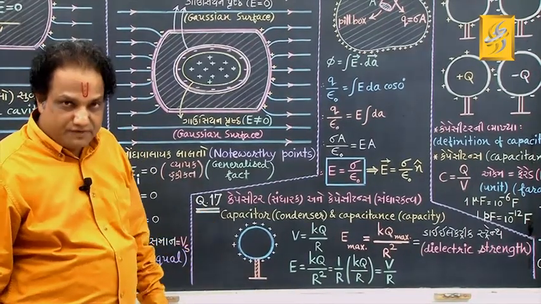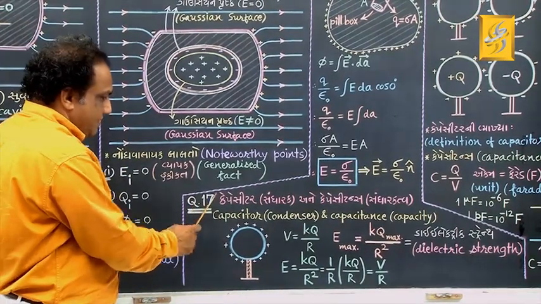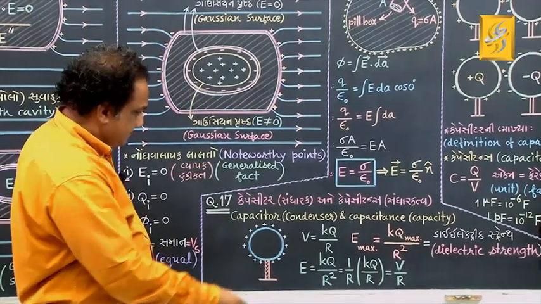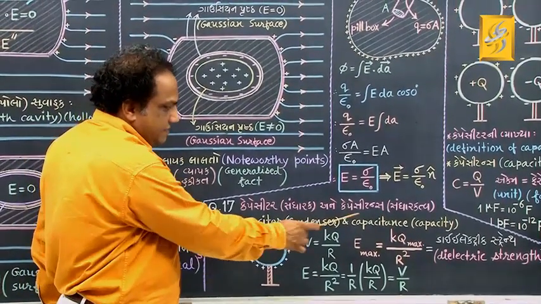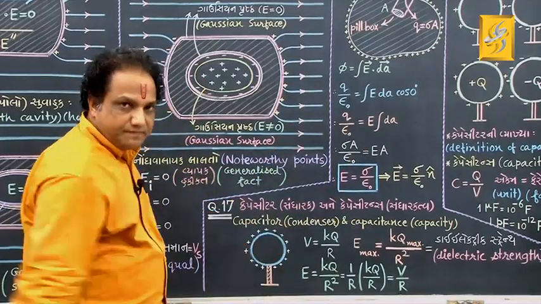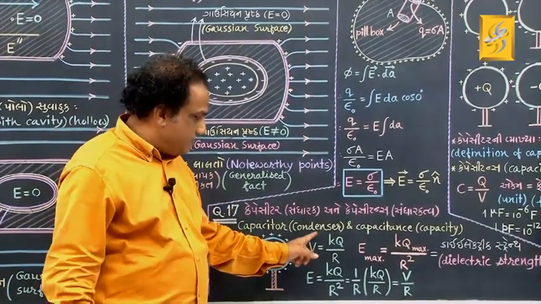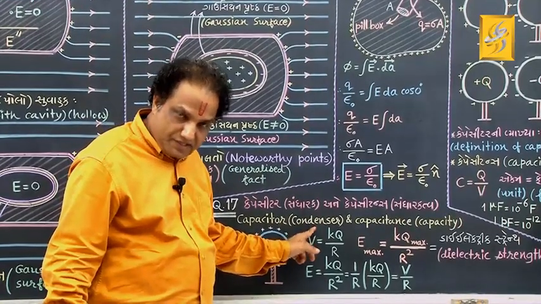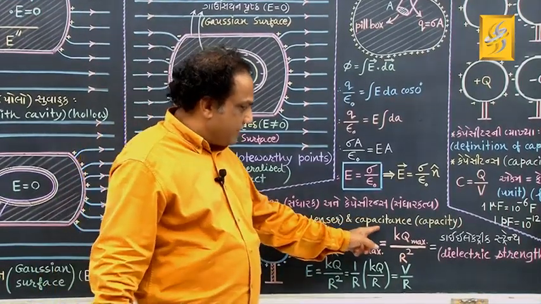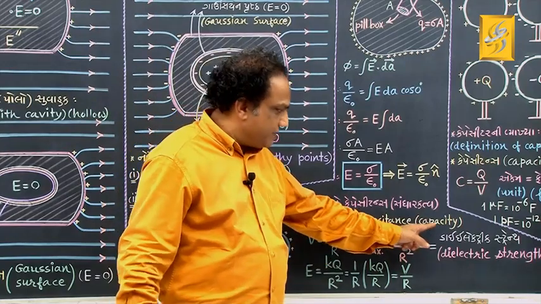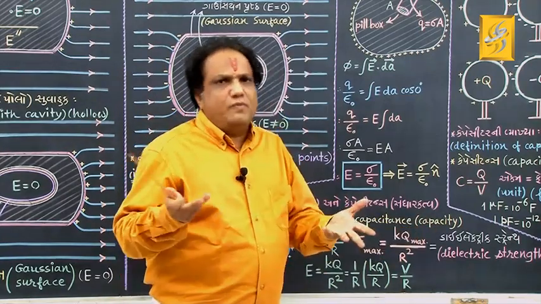We proceed further. Question number 17 about capacitor and capacitance. Capacitor is sometimes known as condenser also, and capacitance is sometimes known as capacity. Now what do you mean by capacitor?